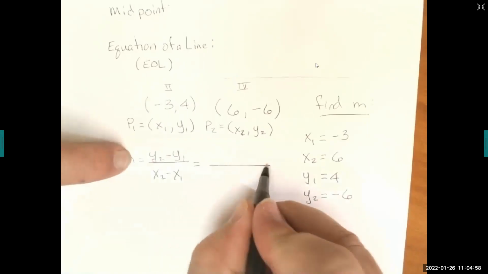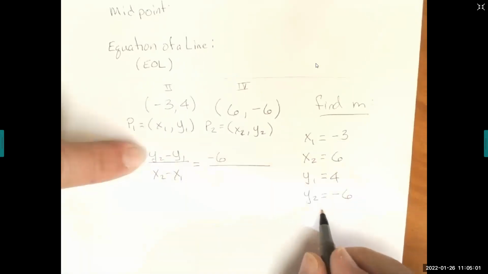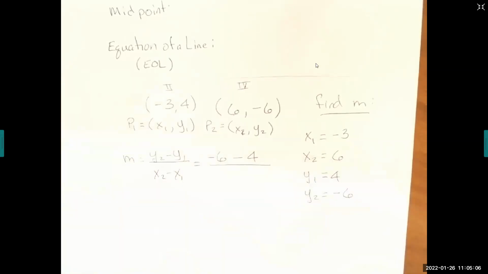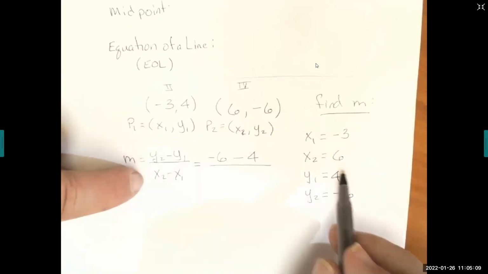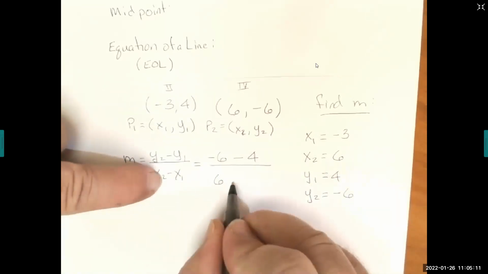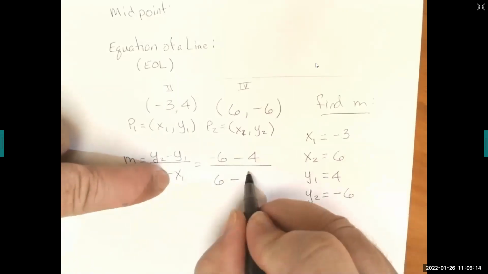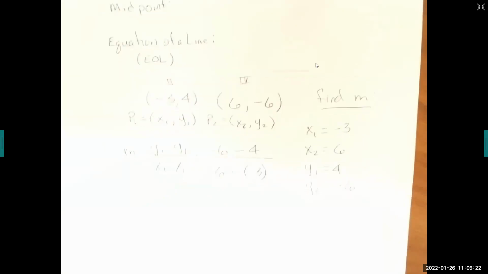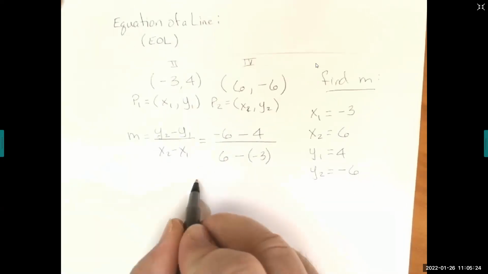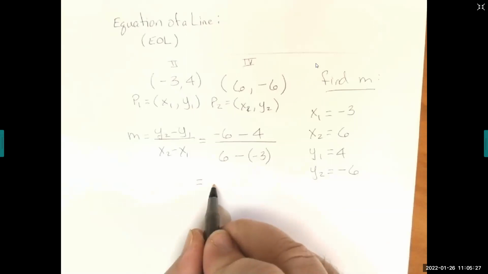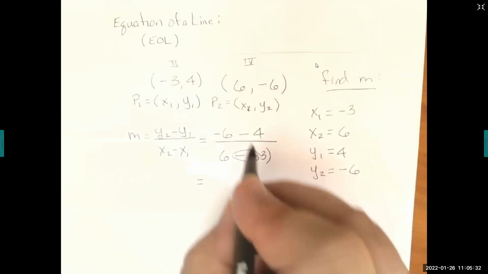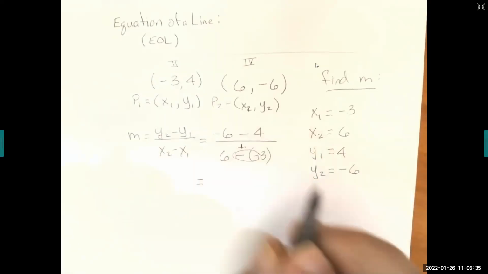y2 is -6 minus y1 is 4. On the bottom, x2 is 6 minus x1 is -3. On the bottom, negative times negative, that turns into a positive.